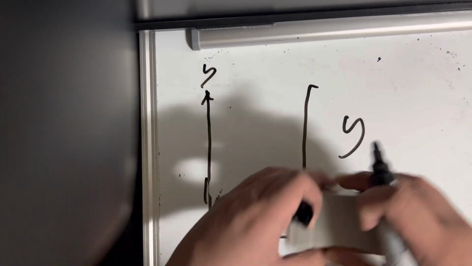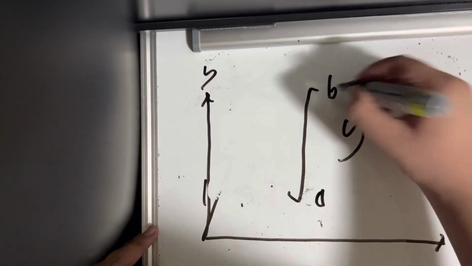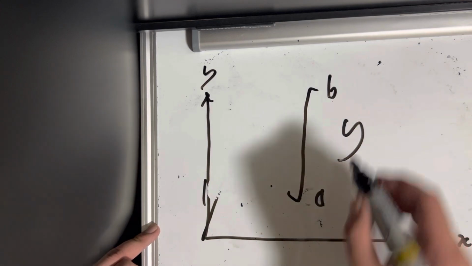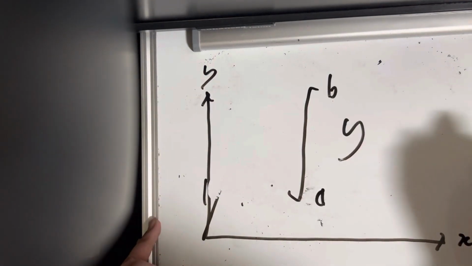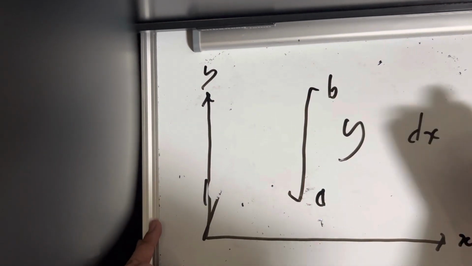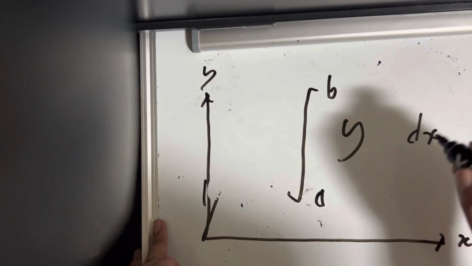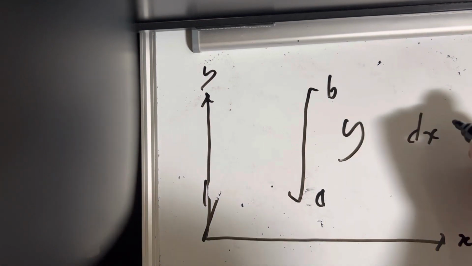A is supposed to come first. Whoops. A and B, give 2 boundaries. It basically sums up all the y values from the A to the B point, and conveniently adds up infinitely many different terms. And this dx operator multiplies every single term in this infinite sum by this value of dx, okay?